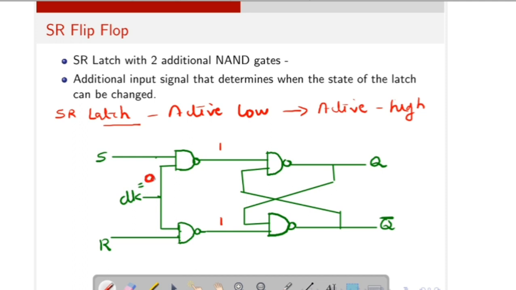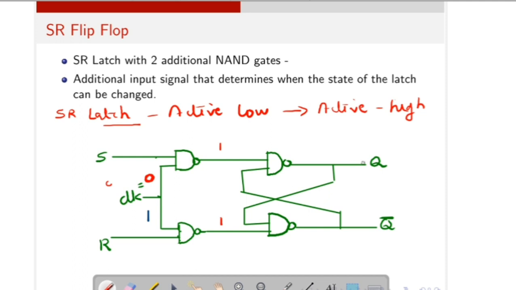No change will occur. When the clock is equal to 1, the outputs of the first two NAND gates depend on the inputs S and R, and changes will occur in the latch. Depending on the input, it produces different outputs like set, reset or no change.